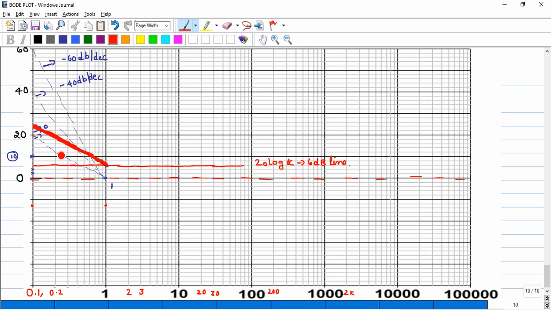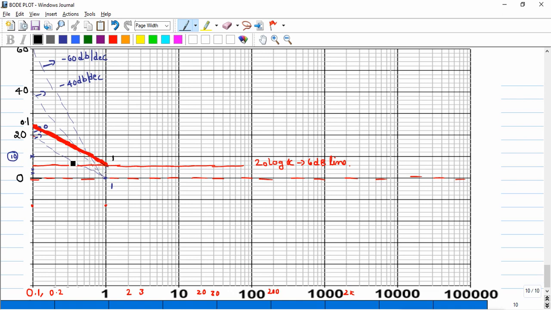Now if you see that thick line, the starting point is 0.1 till 1 RPS, where we obtained that 20 log k line.